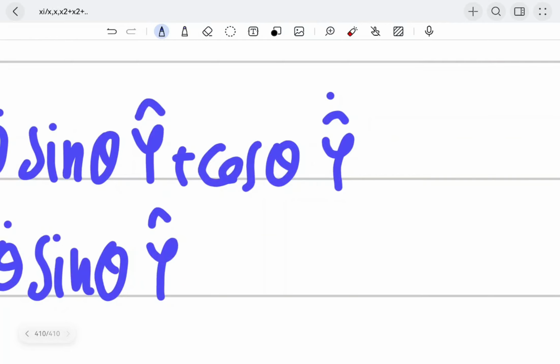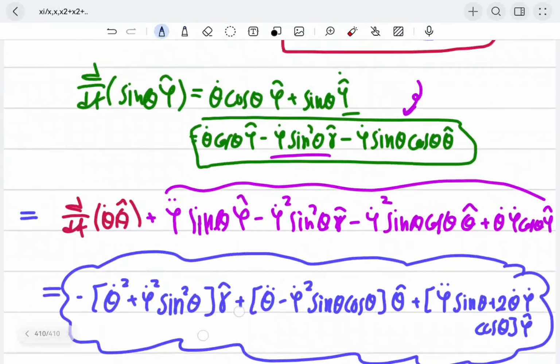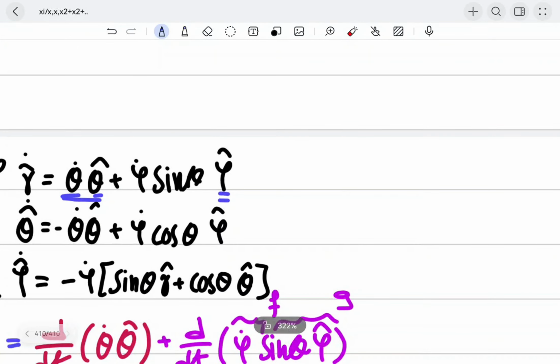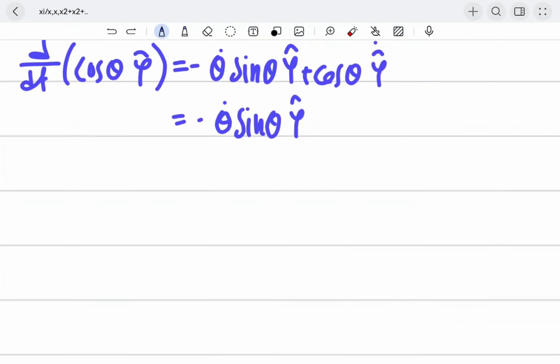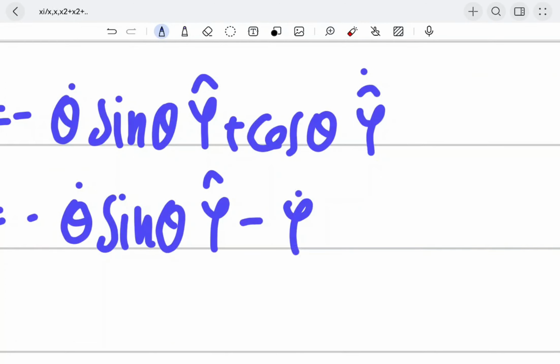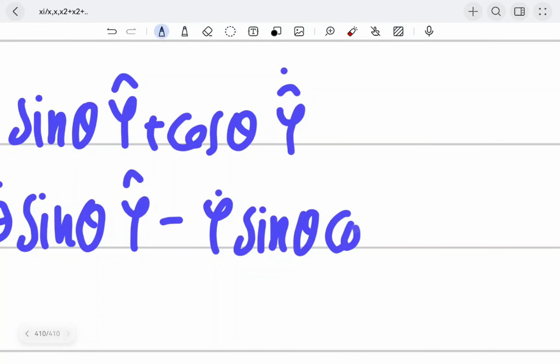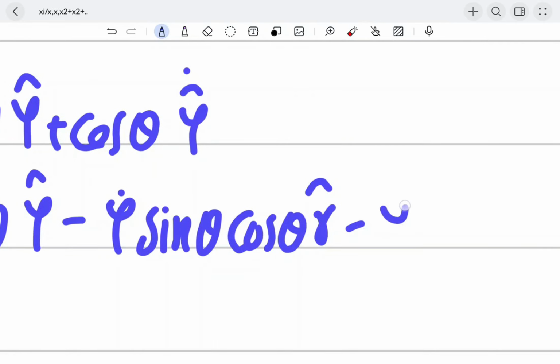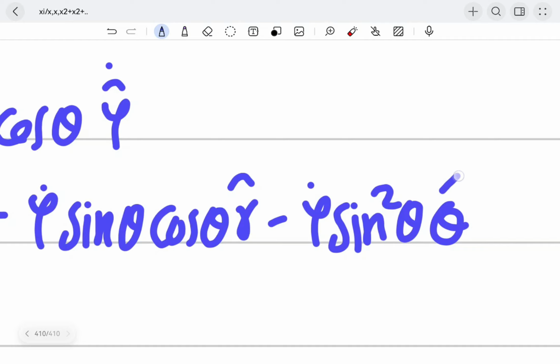Phi hat dot is minus phi dot sine theta r hat minus phi dot cosine theta theta hat. So that is minus phi dot sine theta cosine theta r hat minus phi dot sine square theta theta hat.